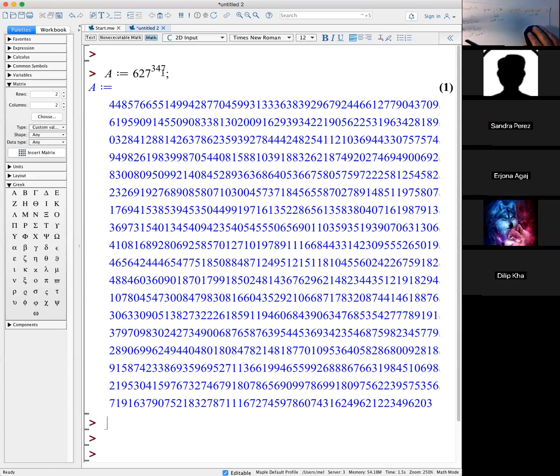Okay. But that's not what I want. I want to know what is the remainder when you divide this number by 941. So in Maple, the command to find a remainder is integer remainder, IREM. So I want the integer remainder of this number when I divide by my prime, and my prime was 941.